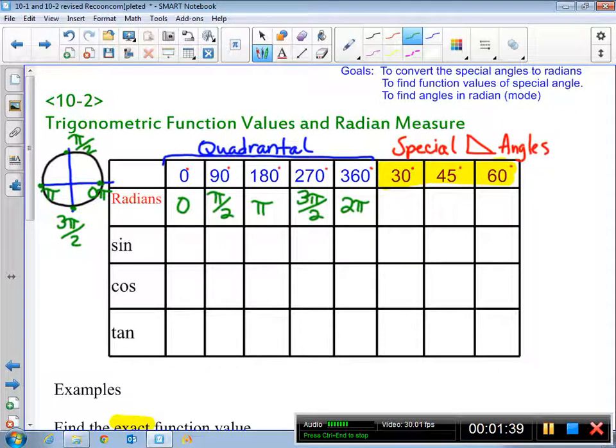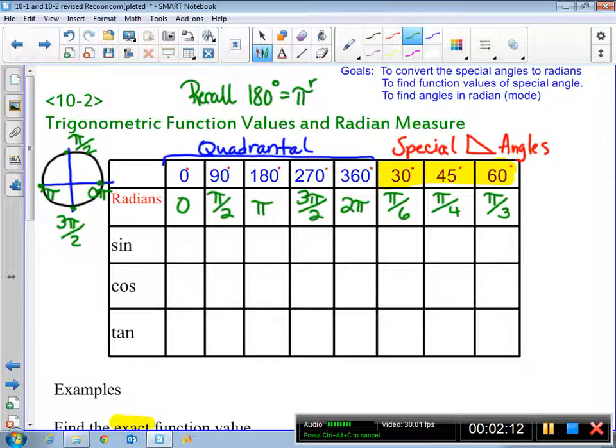Let's keep going with the radians. Pi, recall, is, maybe you want to write this at the top, that 180 degrees is equivalent to pi radians. So 30 degrees would come from pi divided by 6. 45 degrees comes from pi divided by 4. And 60 degrees comes from pi divided by 3.